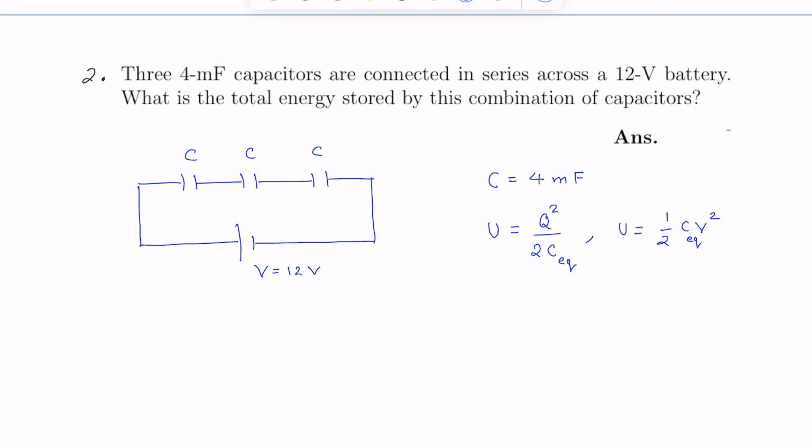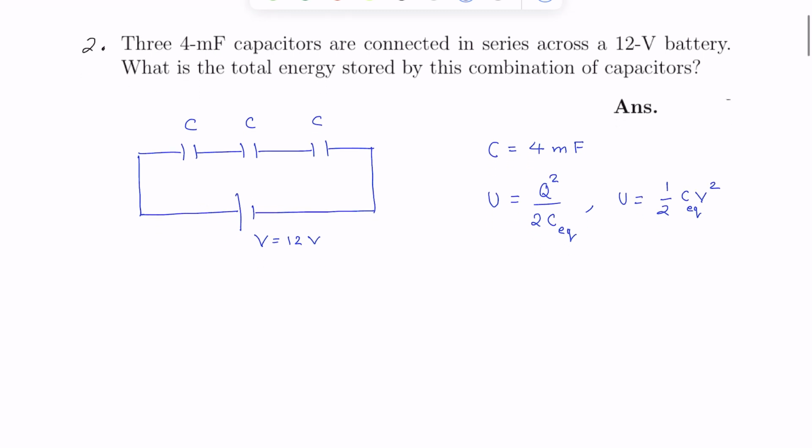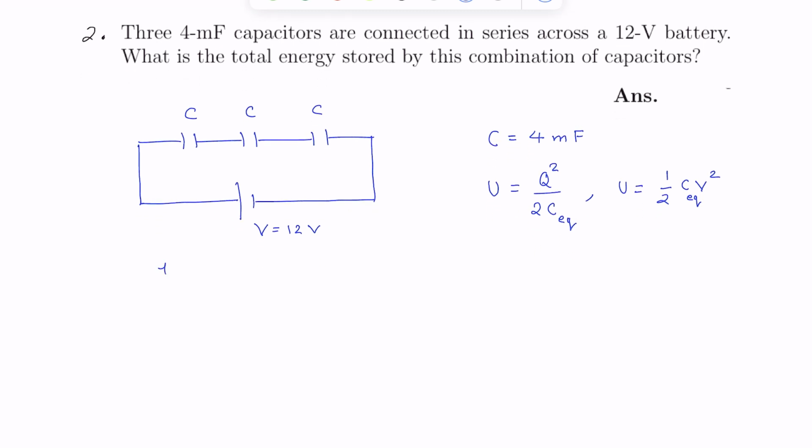So we see that these three are in series. When we have a series connection, the equivalent capacitance is given by 1 over C equivalent equals 1 over C1 plus 1 over C2 plus 1 over C3.